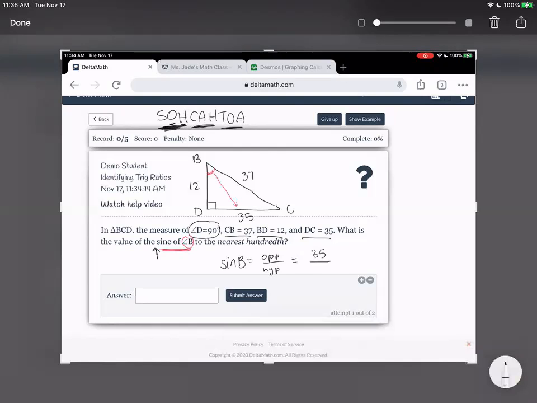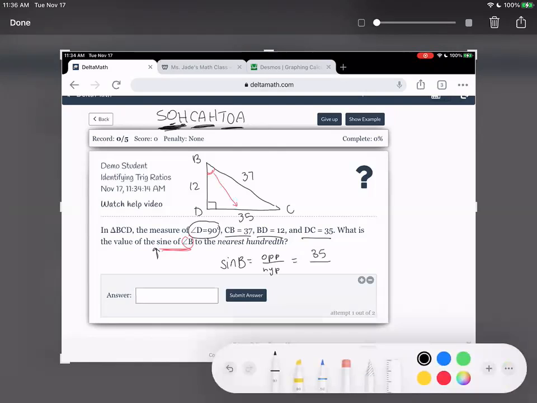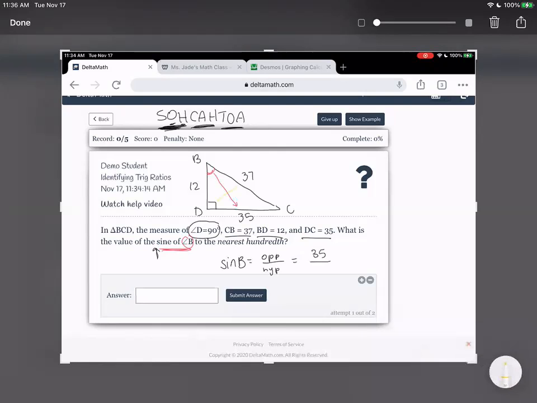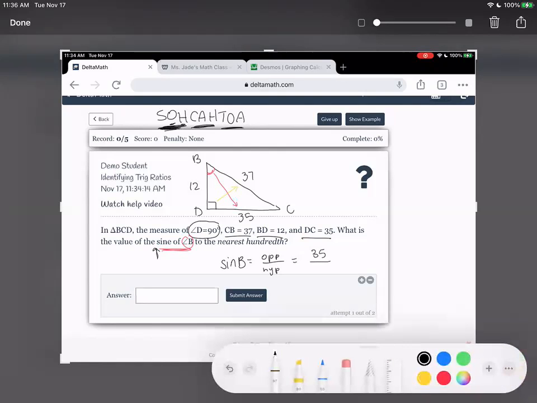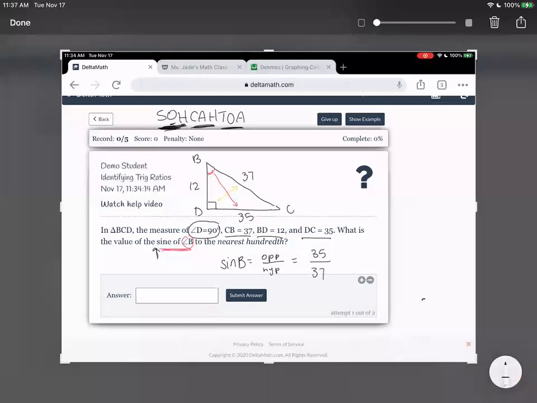And the hypotenuse is directly across from the right angle and also known as the longest side of the triangle. So what is our hypotenuse? 37. Thank you.